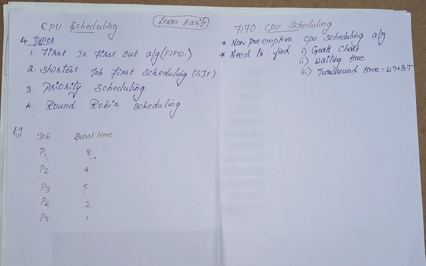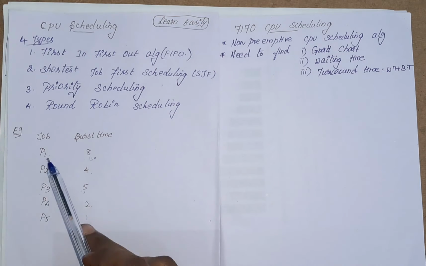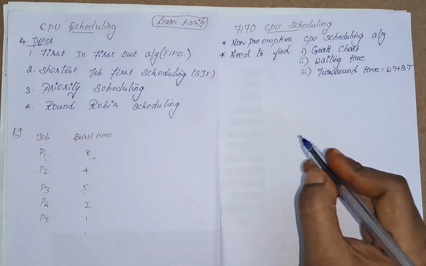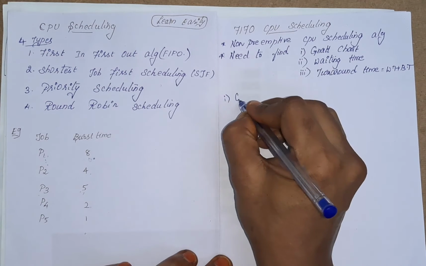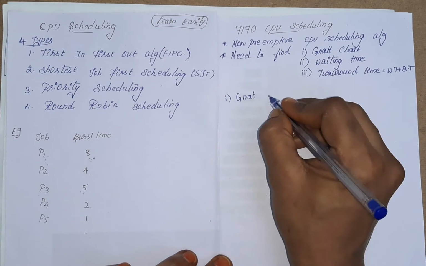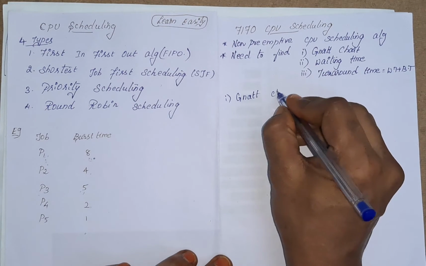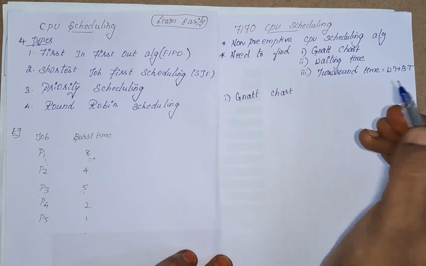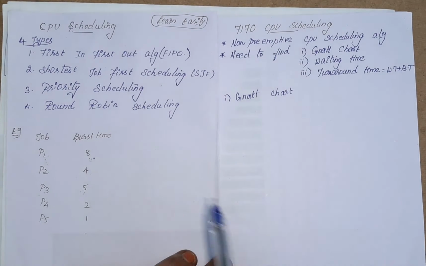Here we have to find the Gantt chart, waiting time and turnaround time. For the Gantt chart, all the processes taken here, there are 5 processes, are represented. In some situations the waiting time will be given.